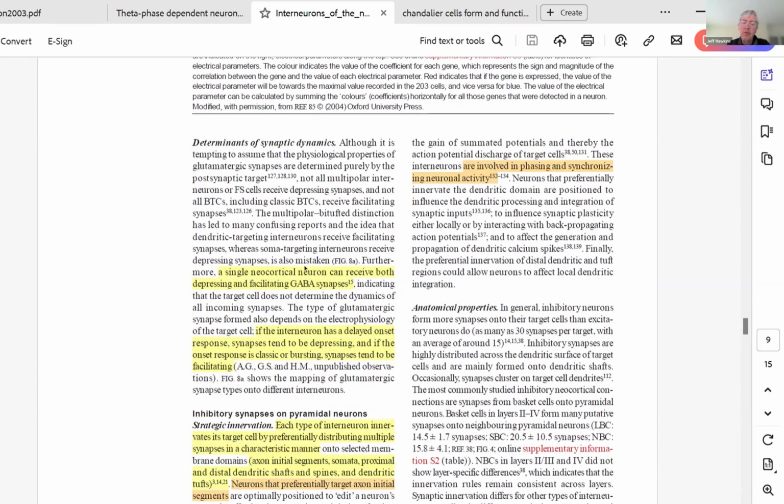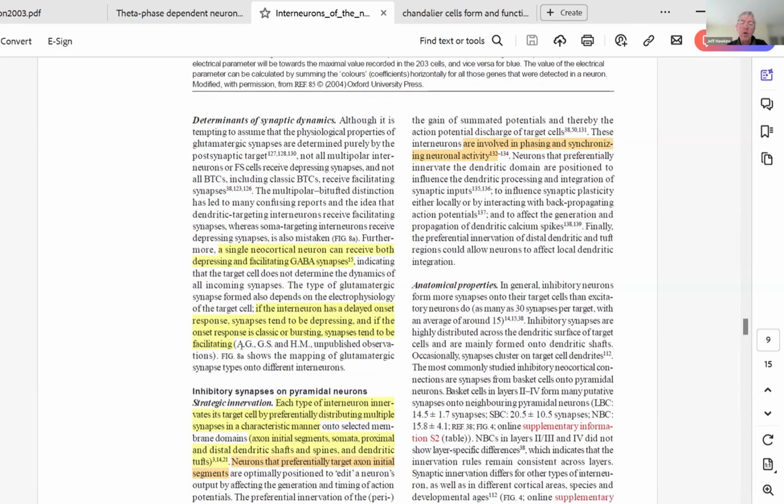So it says here, a single neocortical neuron can receive both depressing and facilitating GABA synapses. GABA is the inhibitory neurotransmitter. If an interneuron has a delayed onset response, synapses tend to be depressing. If the onset response is classic or bursting, synapses tend to be facilitating. So they're saying some of these synapses can be inhibitory, some can be excitatory.